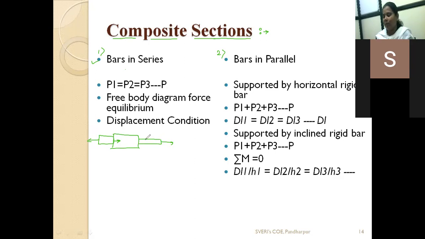Please remember that when bars are connected end to end, this connection is called bars in series.